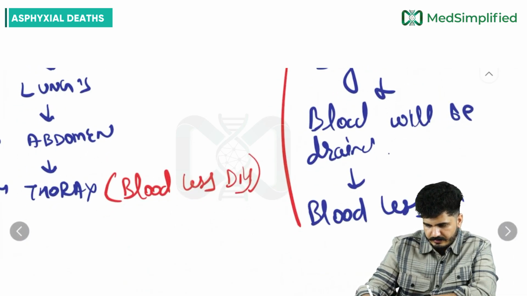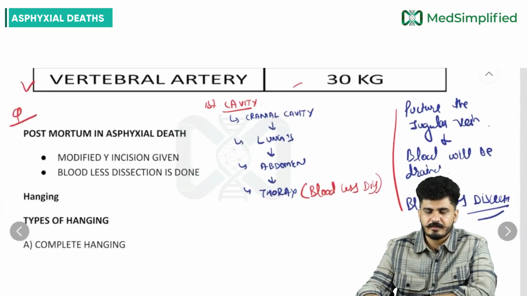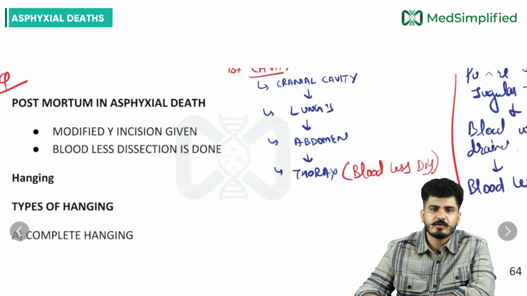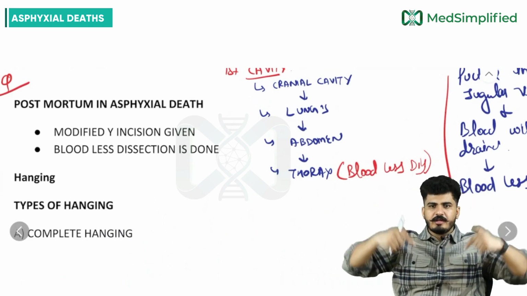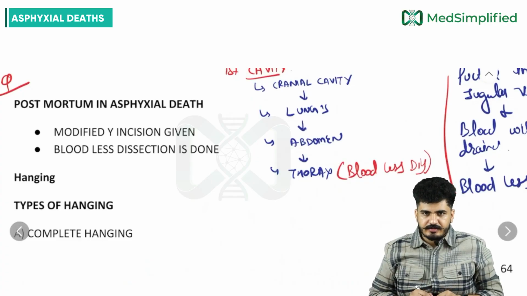So these are the post-mortem techniques in the asphyxial death we follow, sir. And the first cavity to be opened would be the cranial cavity, followed by your lungs, followed by your abdomen, followed by your thorax.